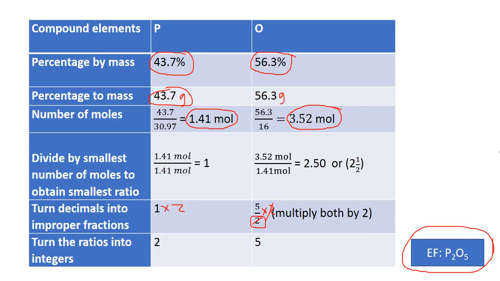This is obtained by changing the percentage to mass and then calculating the number of moles and then dividing by the smallest number of moles and then changing the decimal to improper fraction and removing the denominator by multiplying both sides by the denominator to get 2 and 5, and then we say we have 2 phosphorus and 5 oxygen.